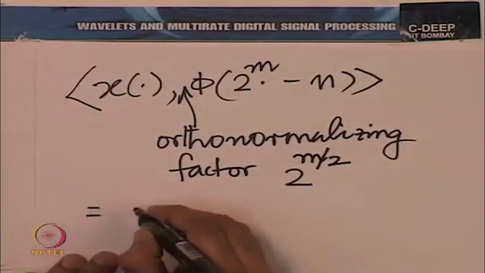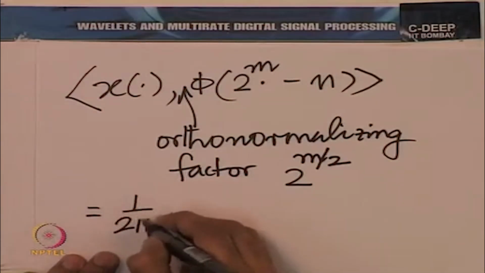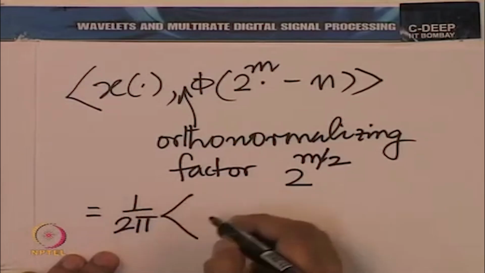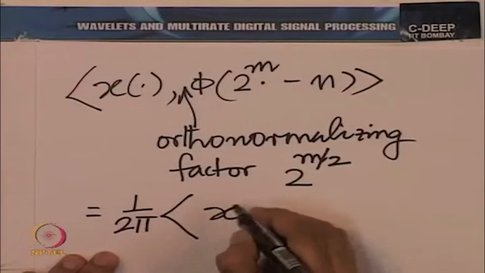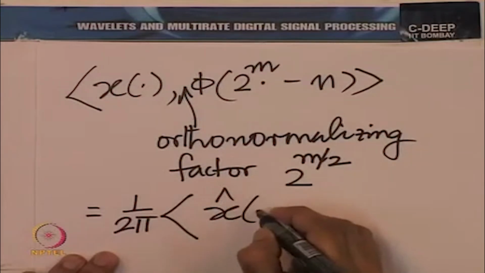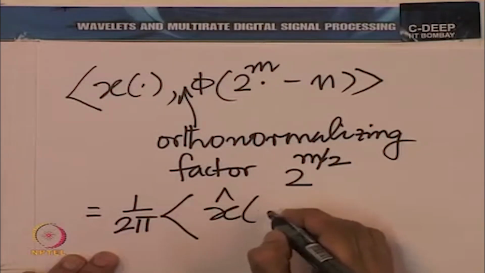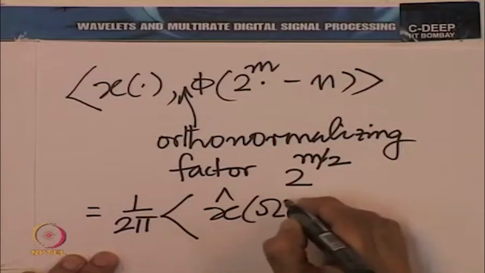This is going to be equal to 1 by 2 pi times the Fourier transform of each of them. So, the Fourier transform of x, of course, with its argument. The argument, remember, is going to be omega here.